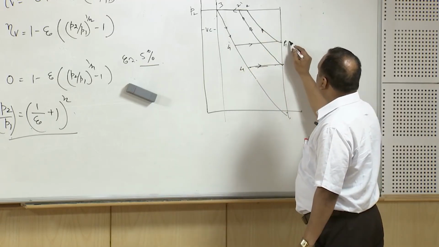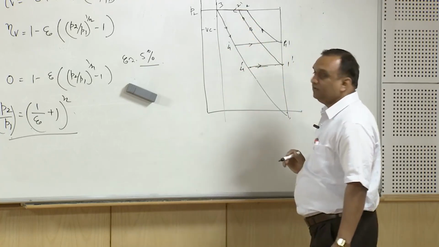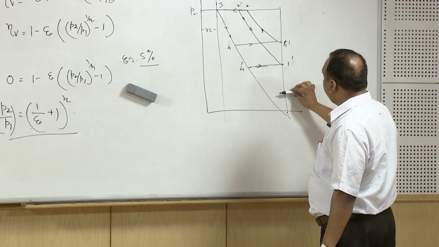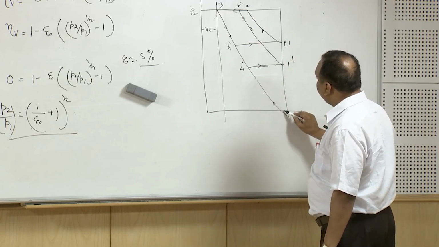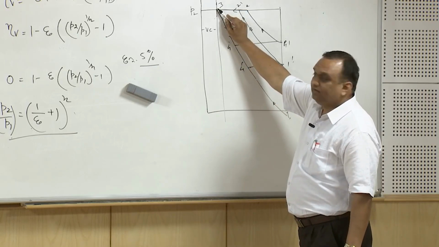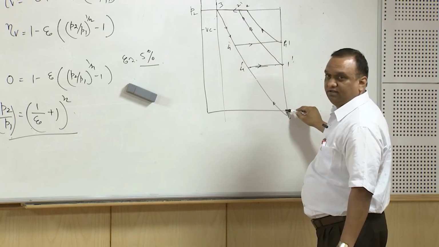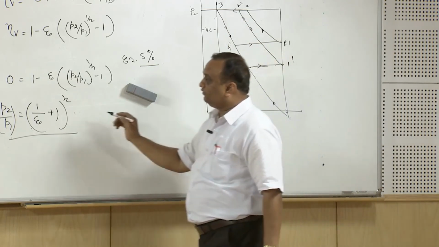This is state 1, this is state 1 dash. So 1 dash, 2 dash, 3, 4 dash is the modified cycle. Now we keep on reducing P1. A pressure ratio will come when we will be simply compressing the vapor, and during expansion, the vapor will occupy the entire stroke of the compressor. So this is the situation.